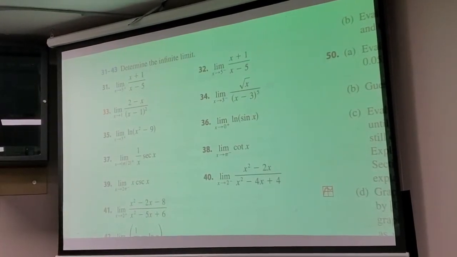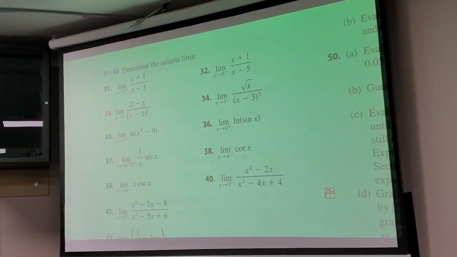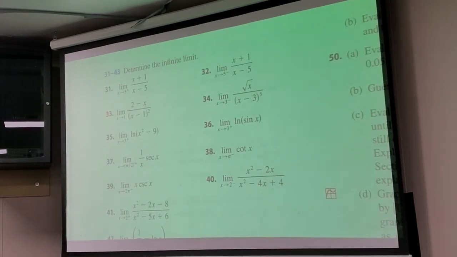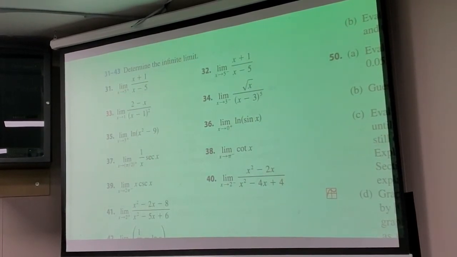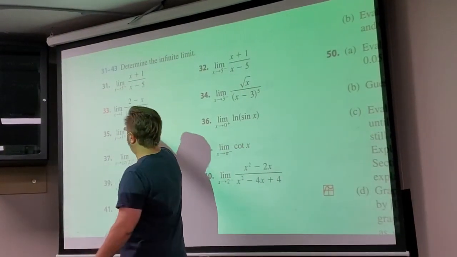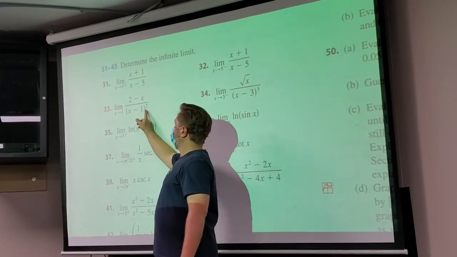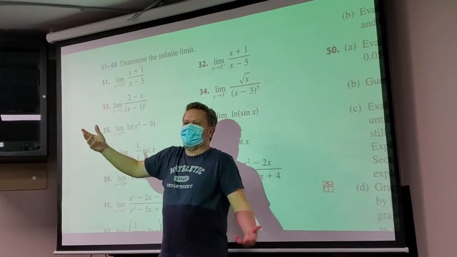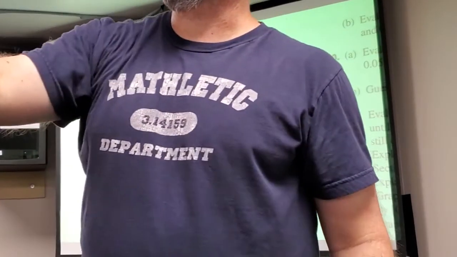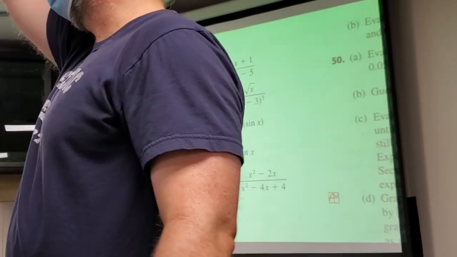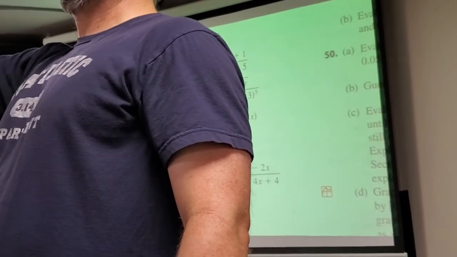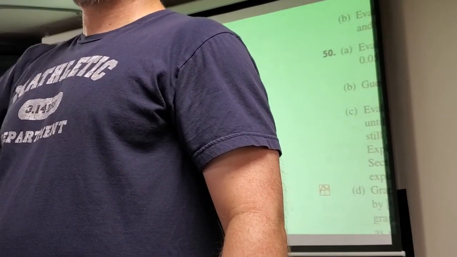The answer is going to be some kind of infinity, or does not exist if the sides don't agree. But what is the bottom always, no matter if it's below or above 1? If I plug in a number a little bit above 1, it's squared, so it's always positive. The answer has to be positive infinity, because the top is finite and the bottom is going to zero. It's just fun to say it that way.